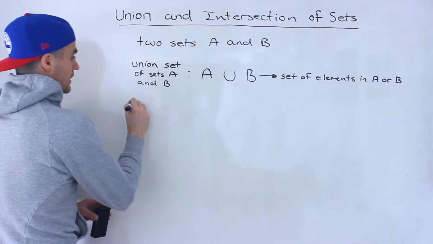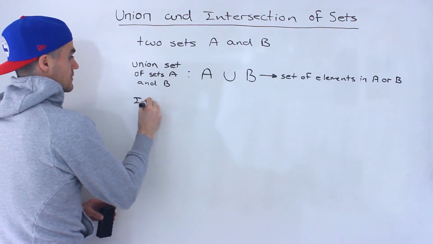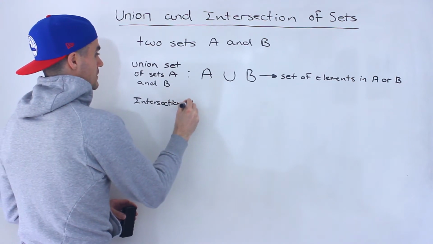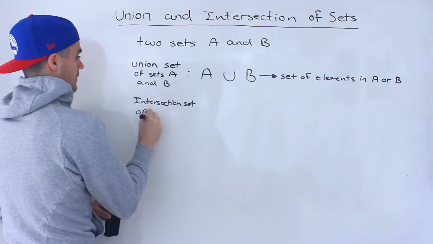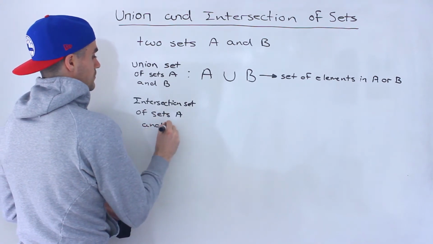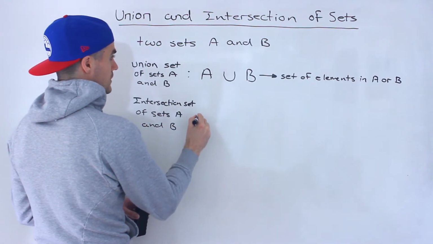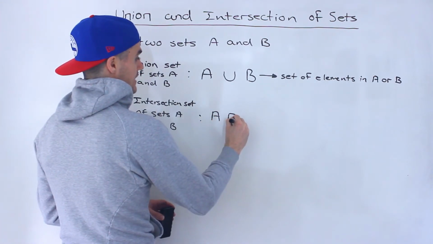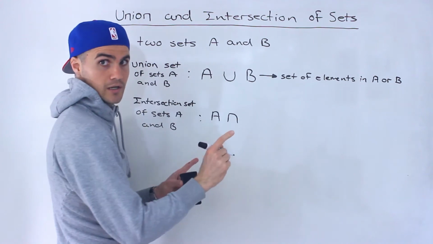All right, while the intersection set of sets A and B, the notation for that is you're going to have an upside down U in between the sets.